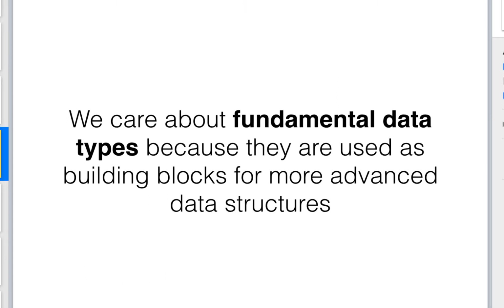Now, we care about these fundamental data types because they're used as the building blocks for the more advanced data structures that we're covering. So think of these fundamental data types as providing the core components that we then build upon and come up with more advanced data structures.